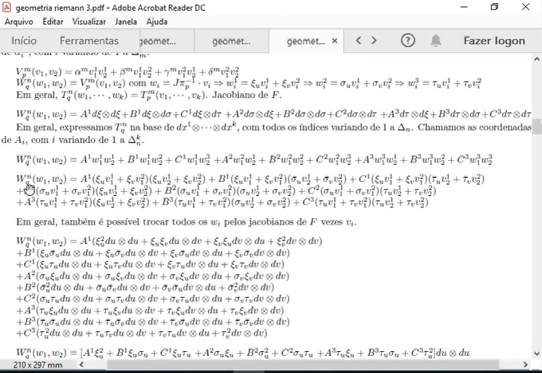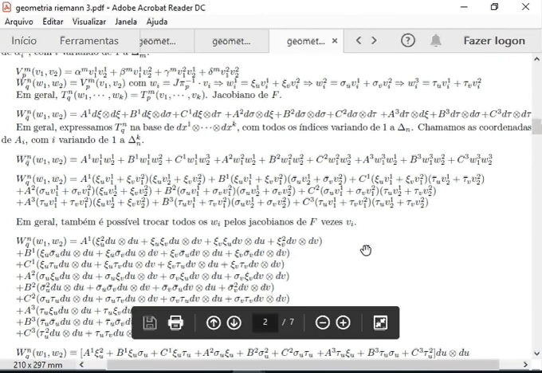Double Q n at points w1, w2, rearranging, substituting that line, the Jacobian above, gives that expression.